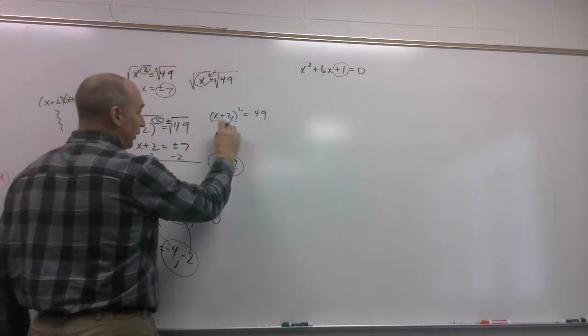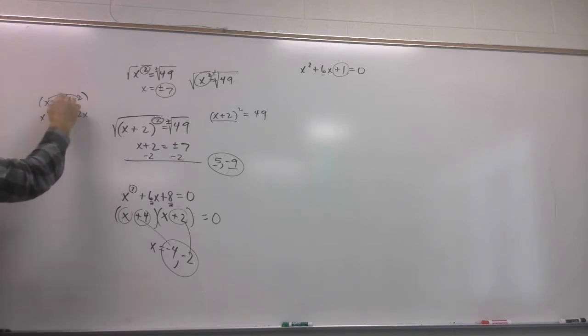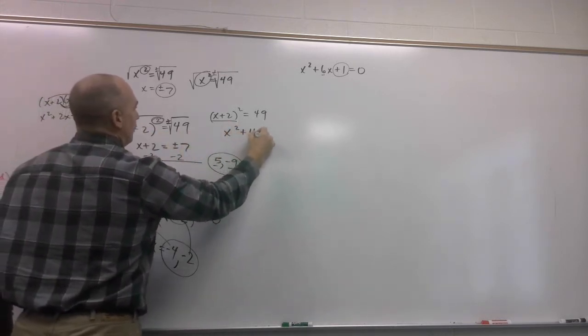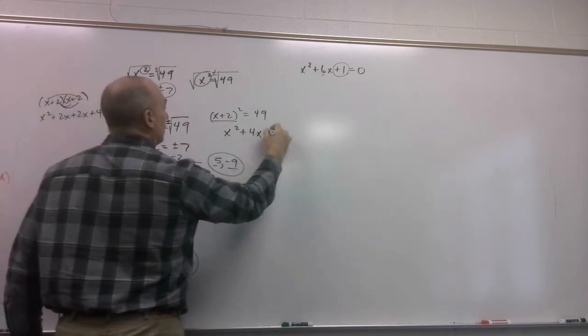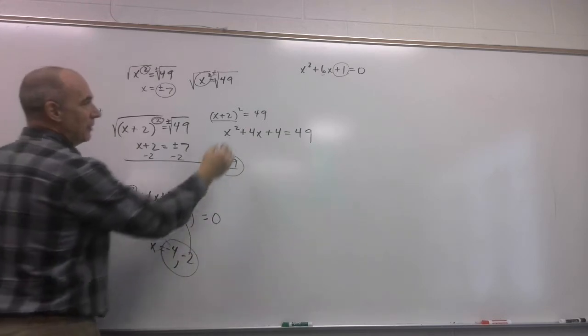If I did FOIL this out over here, I'd get x squared plus 2x plus 2x plus 4, which would give me, watch this now, x squared plus 4x plus 4 equals 49. Now, why am I taking the time to do this?